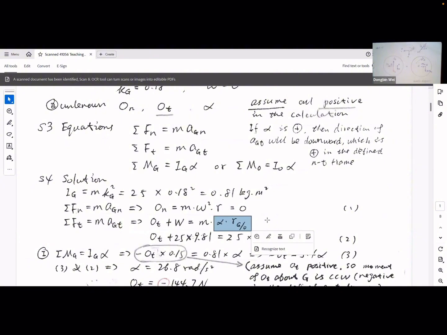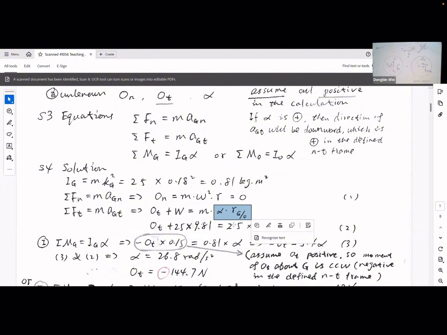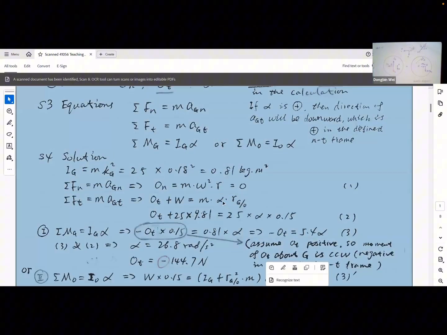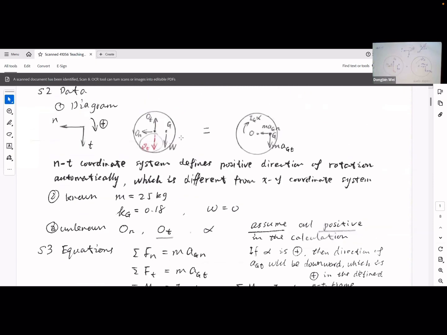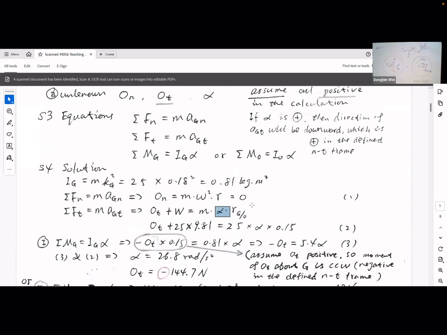Alpha we don't know, we just put alpha here. The distance from G to O, we already know in the diagram is 0.15. So now we have our second equation along the tangential direction.